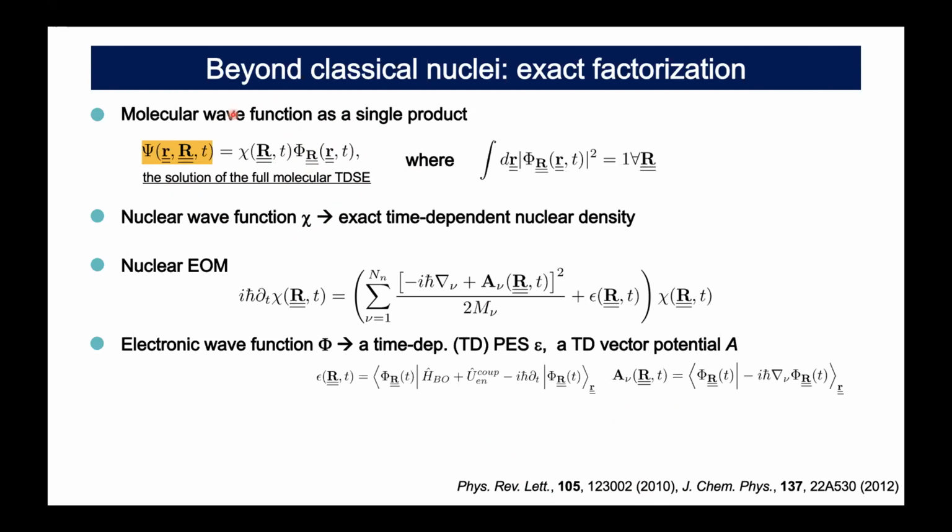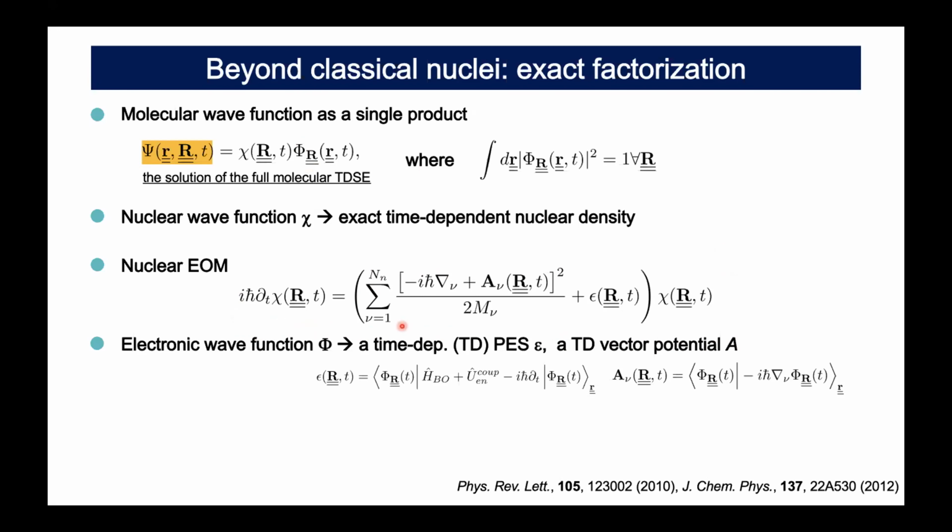First, chi is the nuclear wave function, and chi provides the exact time-dependent nuclear density. And we can derive the equation of motion for chi from this single product. Then we can derive this equation.